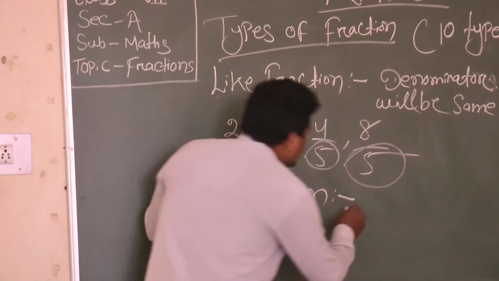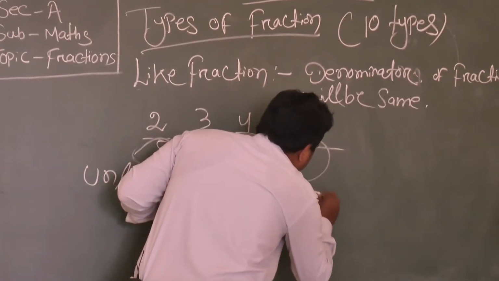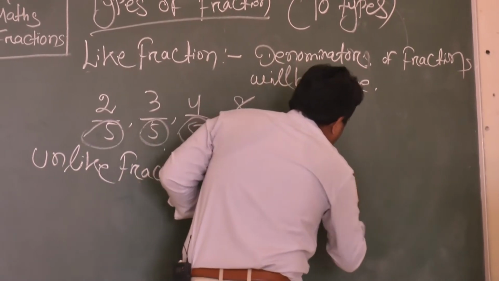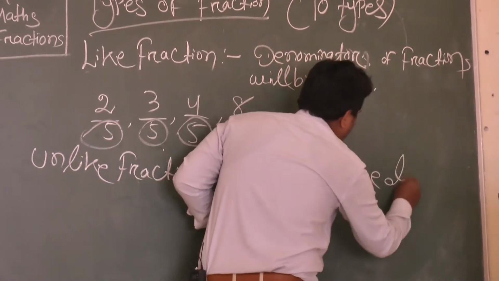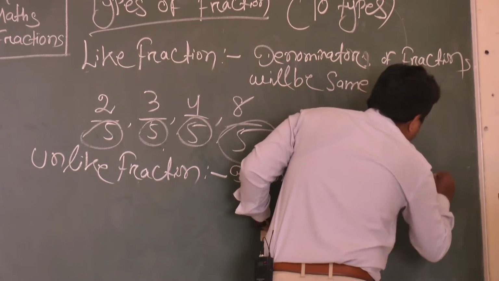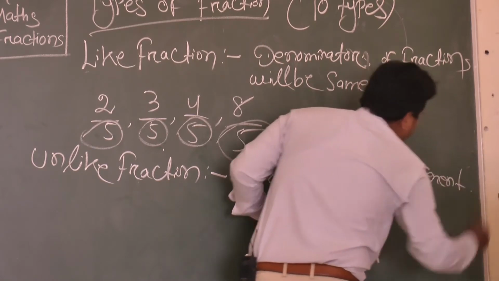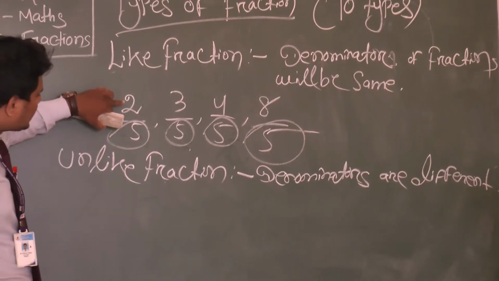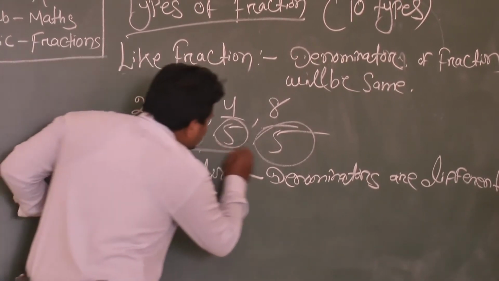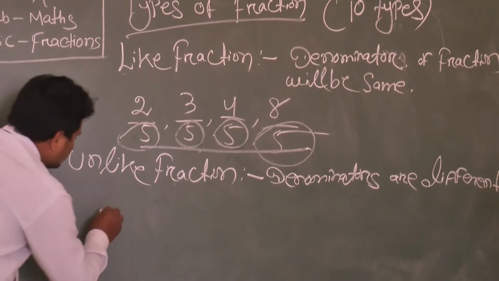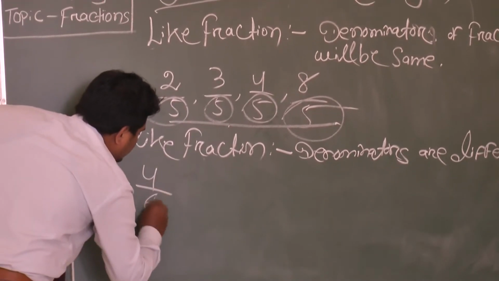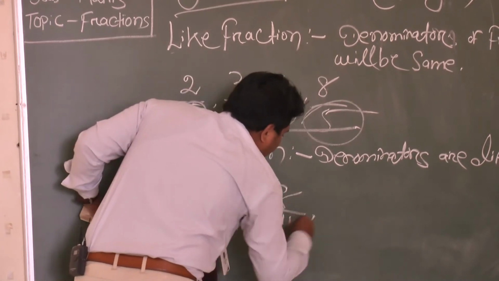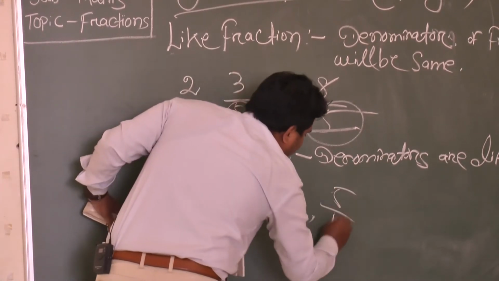Suppose the denominators are different. What do you mean by denominators are different? Like fraction means every denominator is the same, but unlike fractions are like 4 by 6, 2 by 3, 8 by 11, or 5 by 10.